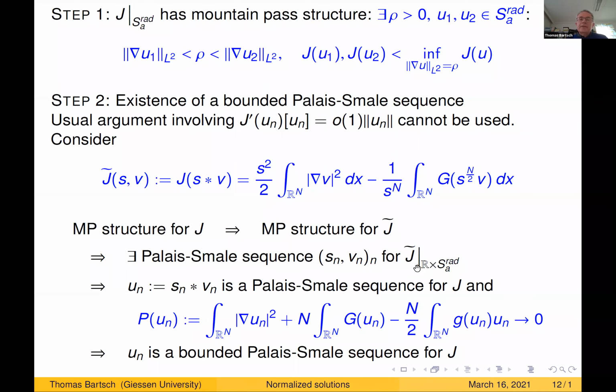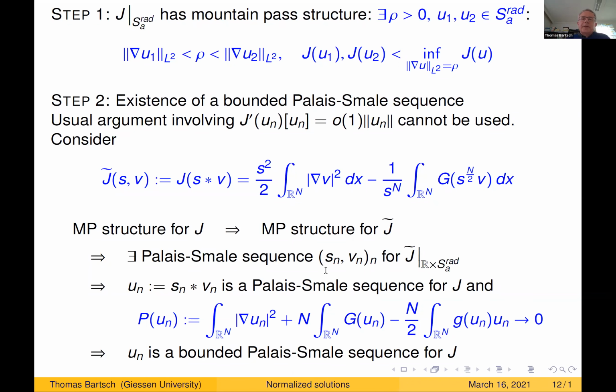Now, Palais-Smale sequence means that the gradient of J tilde at Vn is, let me put it differently. If you look at Sn star Vn, then you get actually a Palais-Smale sequence for J. And this is obtained by taking the derivative of J tilde in the direction of U at the point V sub n.